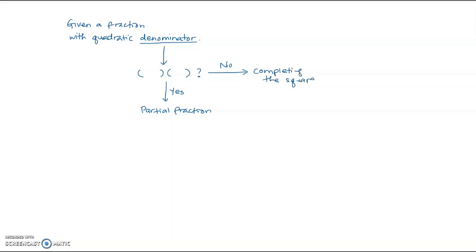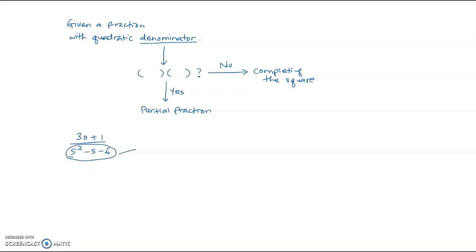So this is the approach when dealing with the inverse Laplace transform when it comes to a fraction with quadratic denominator. For example, if you're given the fraction 3s plus 1, this is what you have in your lecture notes, over s squared minus s minus 6. First of all, you need to check this denominator.